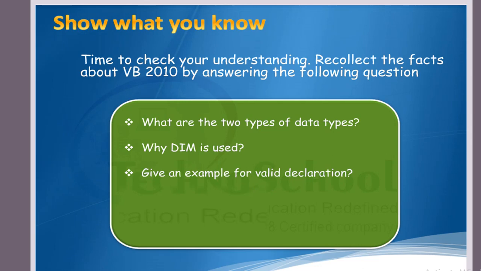We have so many rules to do this. That is A to Z, small a to z or capital A to Z, or it can contain an underscore, numbers, or alphabets. And a very important thing is the name cannot exceed 255 characters, right?